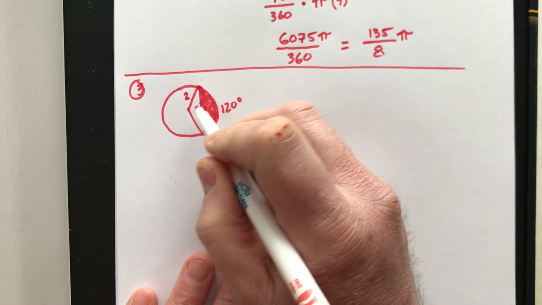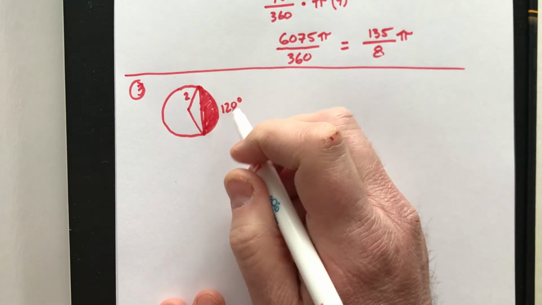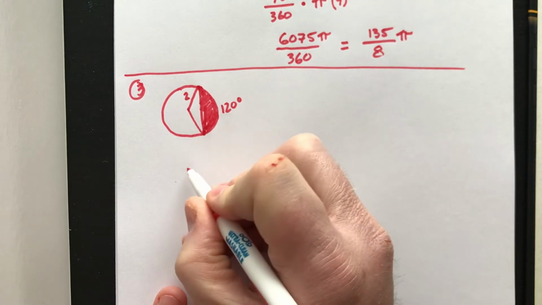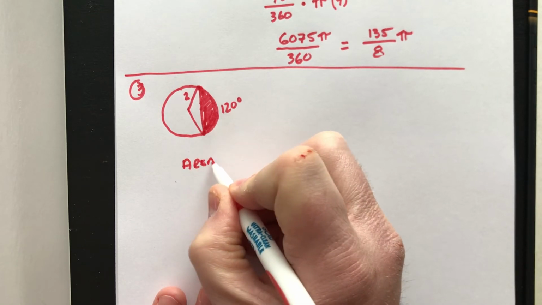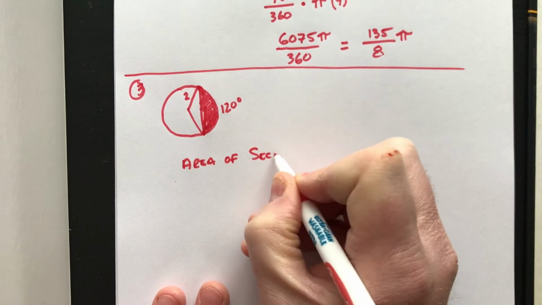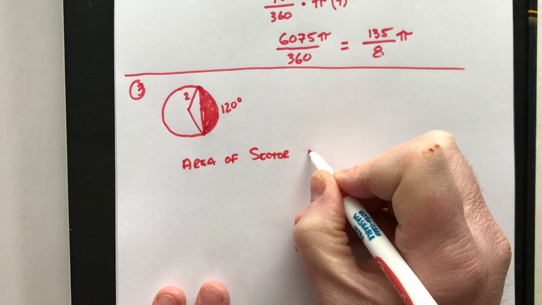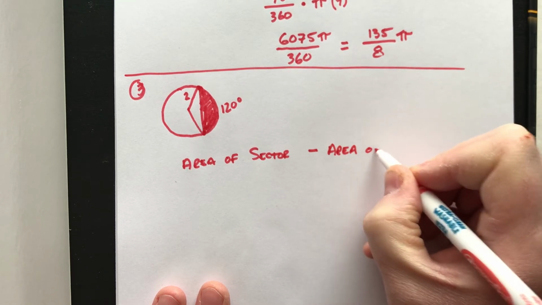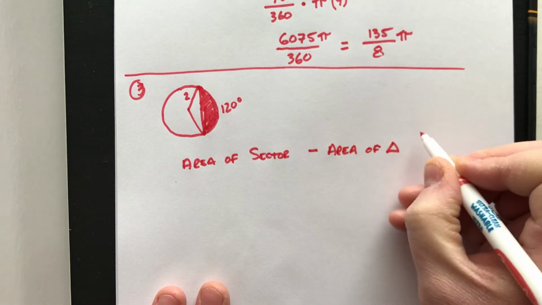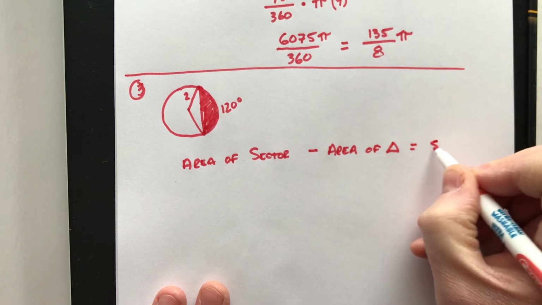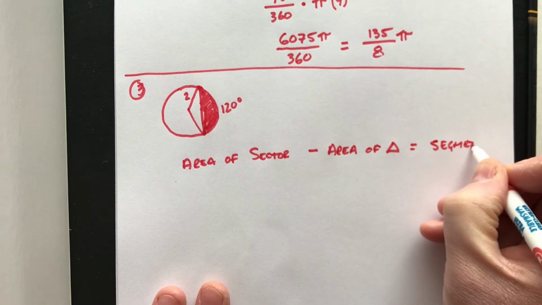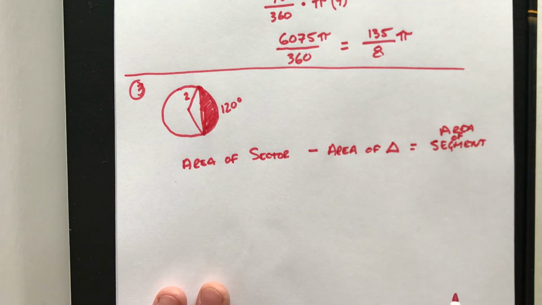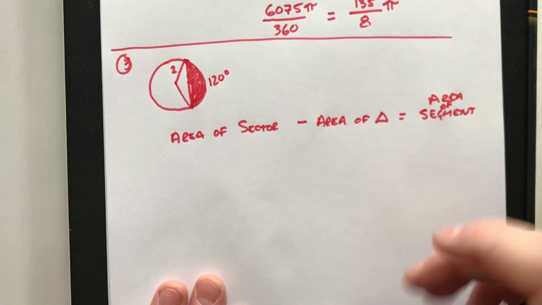So when we're solving for the area of the segment, we need to take the area of the sector minus the area of the triangle, and that'll equal the area of the segment.